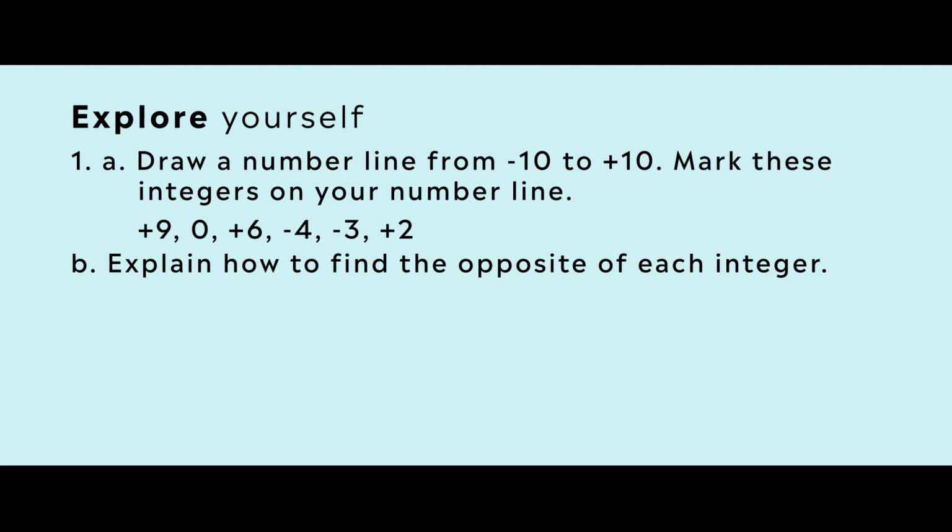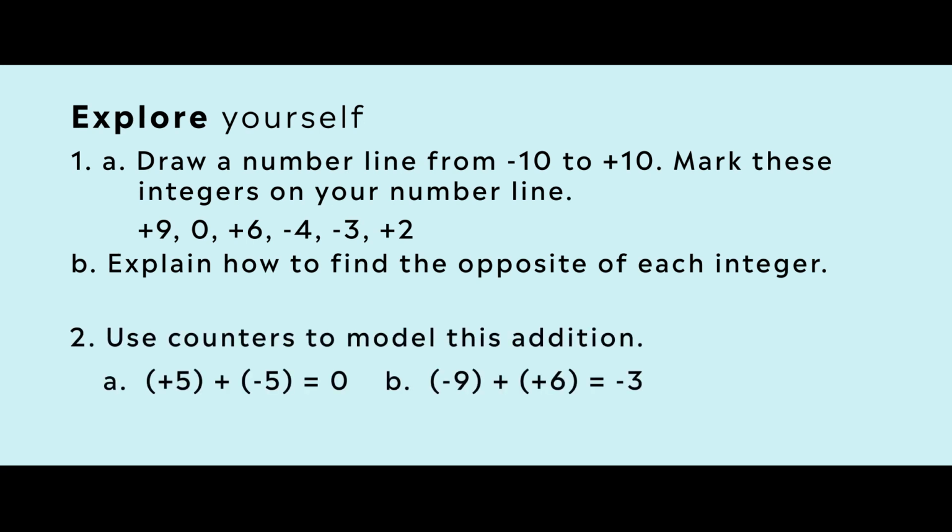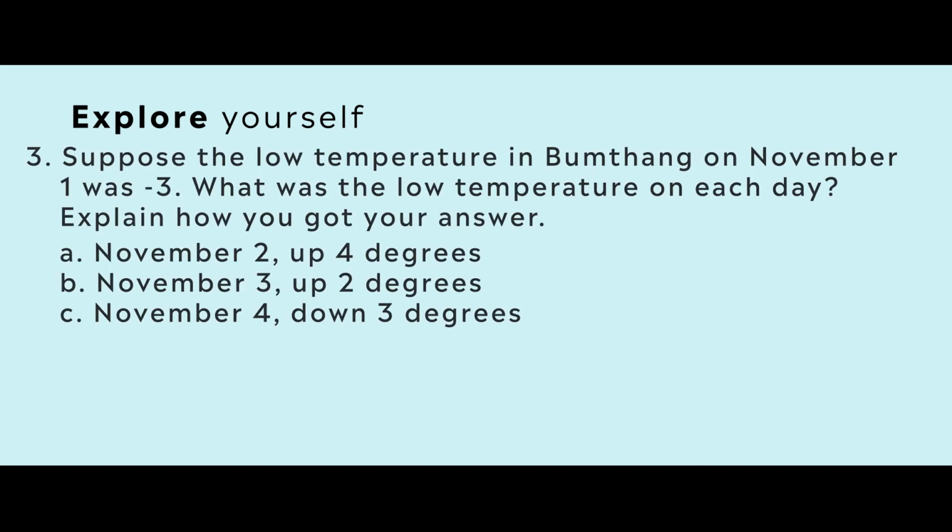Question number 2. Use counters to model this addition. A. Positive 5 plus negative 5 equals 0. B. Negative 9 plus positive 6 equals negative 3. Question number 3. Suppose the low temperature in Bumthang on November 1 was negative 3.